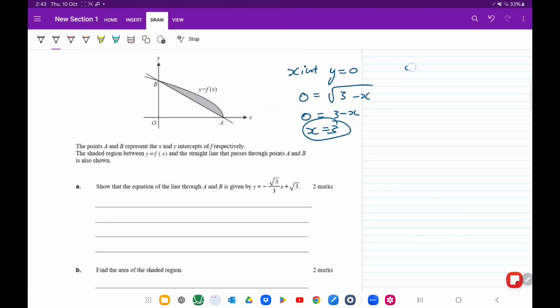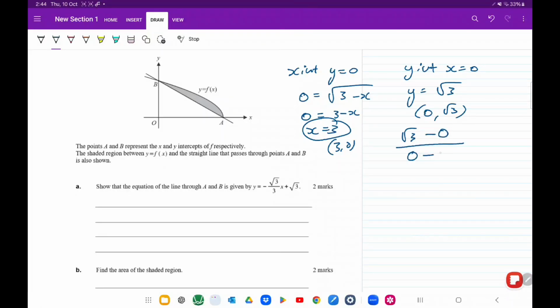Now, to find the y-intercept, we set x equals 0, so y is equal to root 3. So your coordinates are (3, 0) and (0, root 3). Gradient is y2 minus y1 over x2 minus x1: root 3 on negative 3.